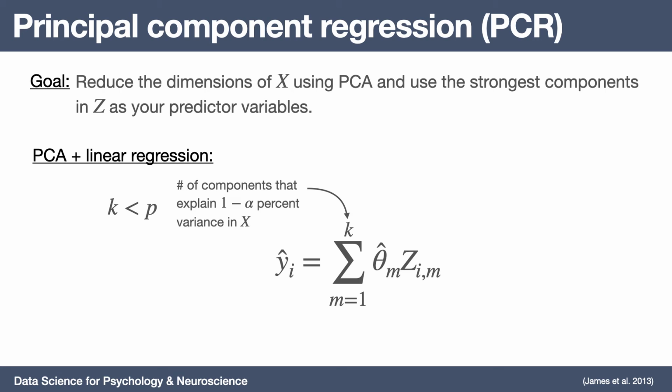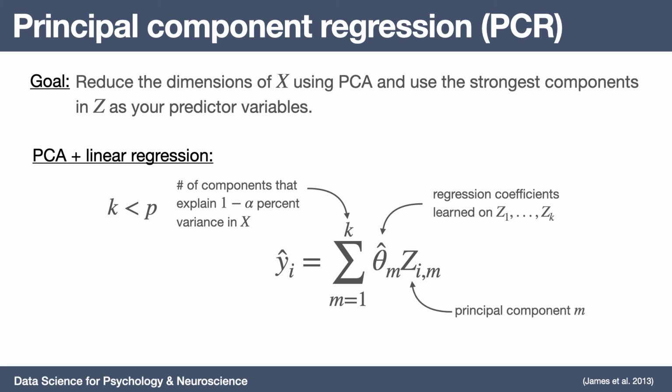In this case, k should be less than p. And you just want to select the components that explain 1 minus alpha percent variance in X. The regression coefficients, theta hat, are effectively the same as the regression coefficients we see in linear regression. I'm just using a different term here so that conceptually it makes sense that you're learning a linear regression not in your data space X, but in principal component space. And Z here is your principal component M.